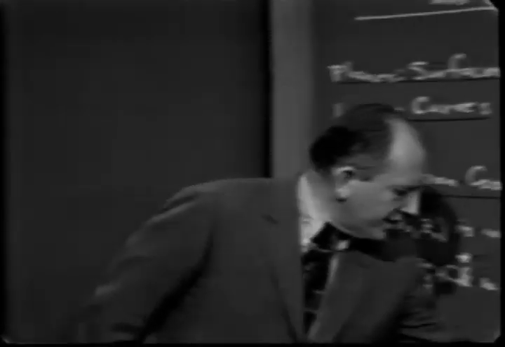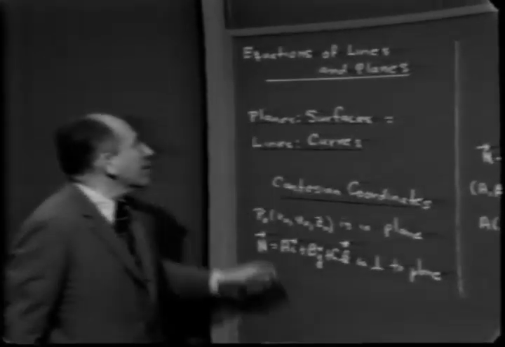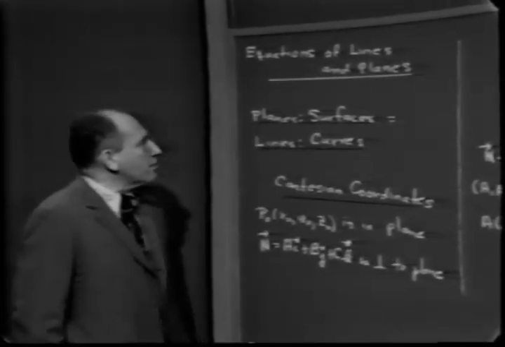Again, we'll hit mainly the highlights today. The remainder of the material will be covered, I hope, adequately between the texts and the exercises. At any rate, then, the lesson today is equations of lines and planes.